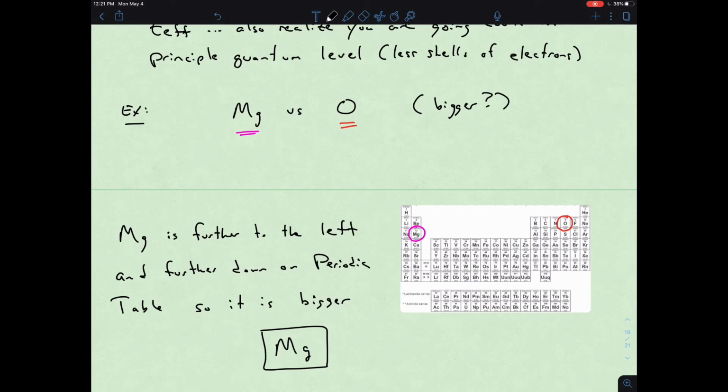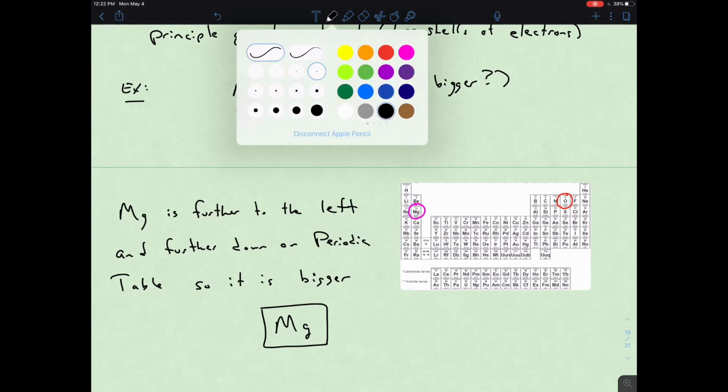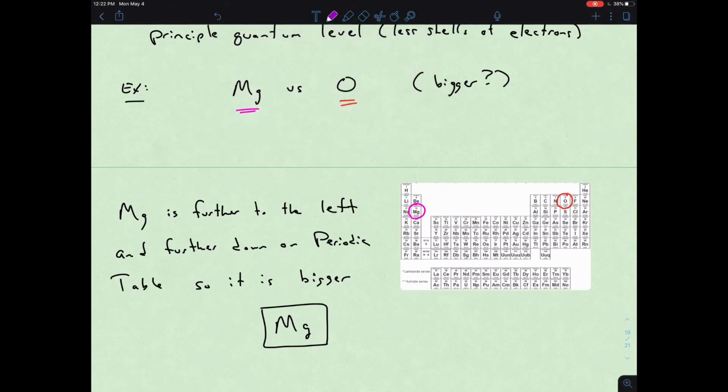So that's just how you compare that notion of the trends. Again, realizing that we're talking about atomic radius, where we would have radius decreasing, in terms of that trend.